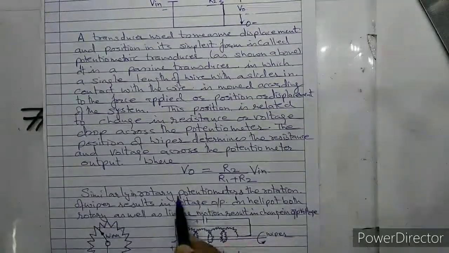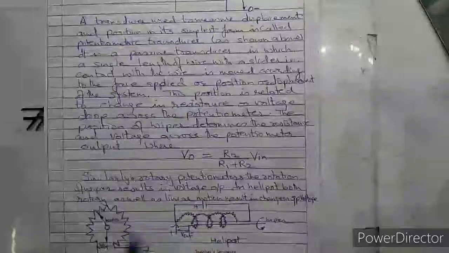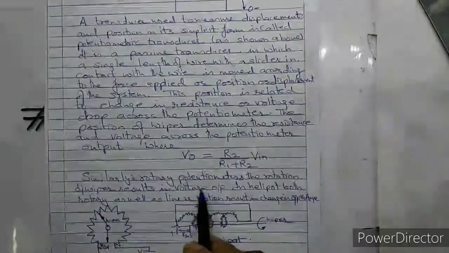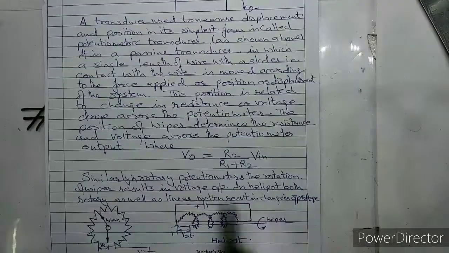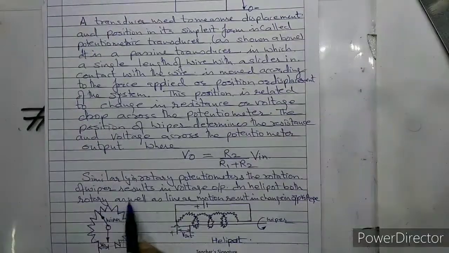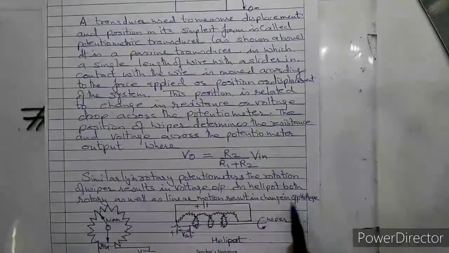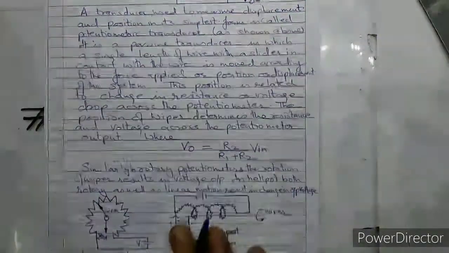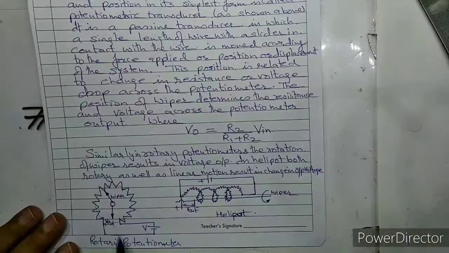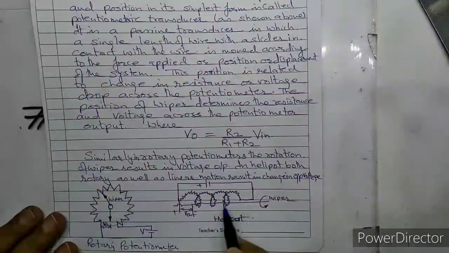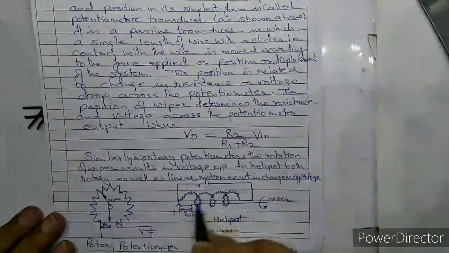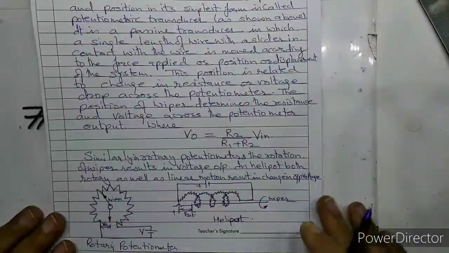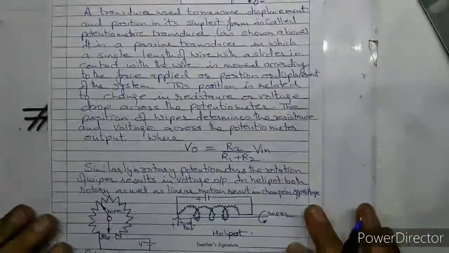Similarly, in rotary potentiometers, the rotation of the wiper results in voltage output. In a helipot, both rotary as well as linear motion result in a change in the output voltage. So, this is a rotary potentiometer. This is a helipot, where there is rotary as well as linear motion across the axis.